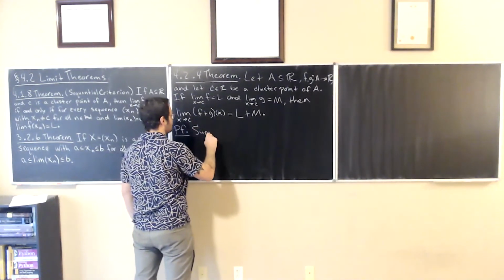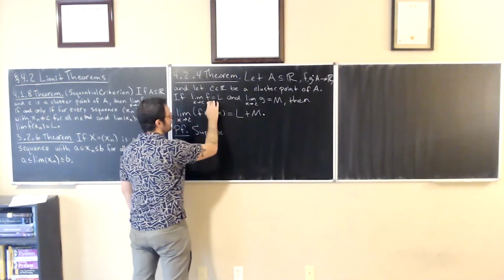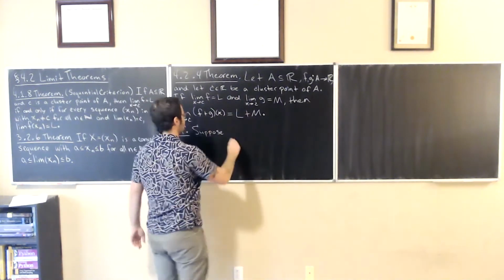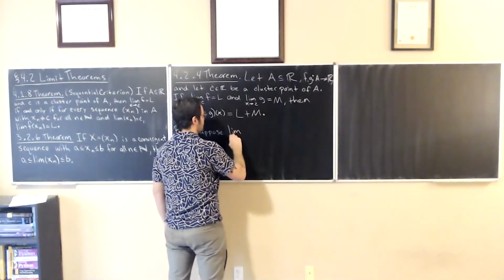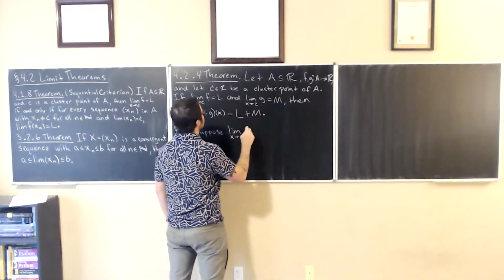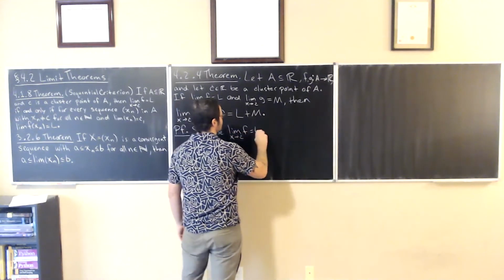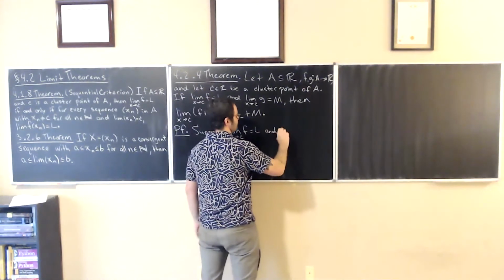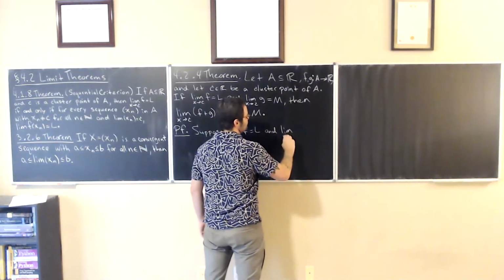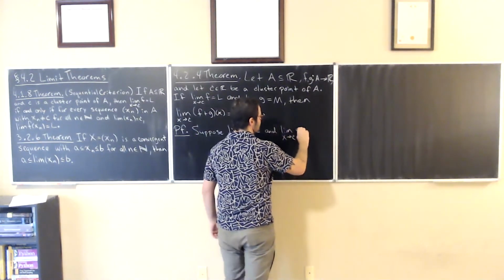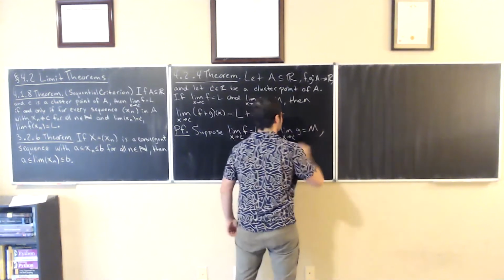Suppose the limit as x approaches c of f is equal to L, and the limit as x approaches c of g is equal to m.